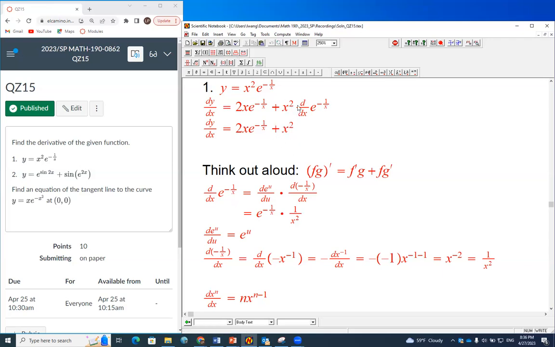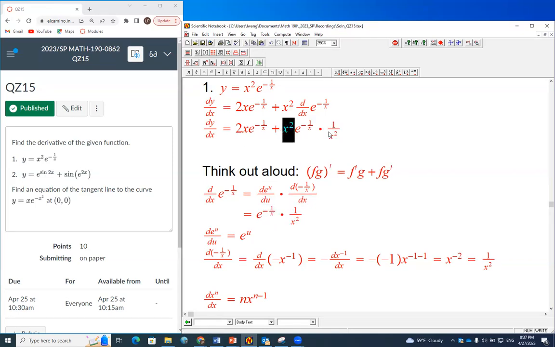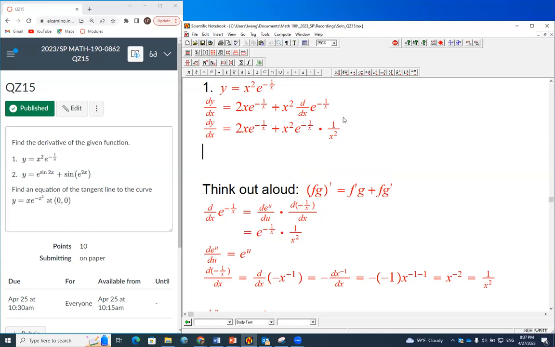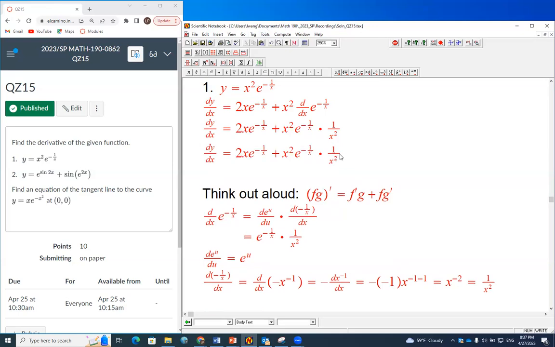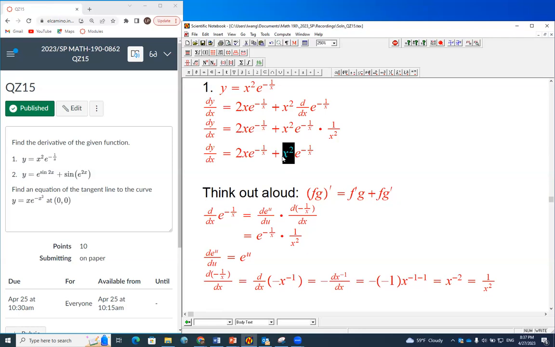So x squared multiplies the derivative of x raised to the power negative 1 over x. So this piece will replace that. And obviously we can reduce this part because this is multiplication. After reduction, we will have this piece reduced with that piece, and that's what we got.